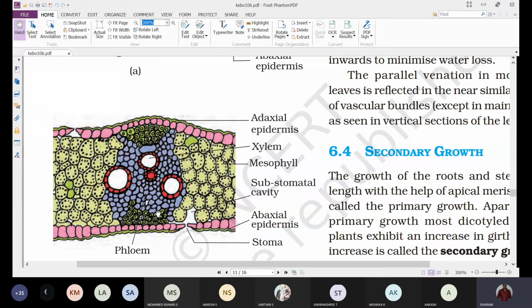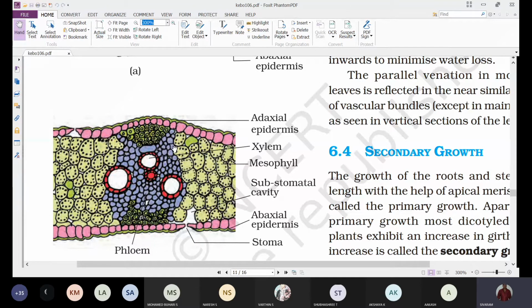That means the stomata are usually present equally distributed on both surfaces, adaxial surface and abaxial surface. Next, the mesophyll tissue is undifferentiated. We don't find palisade and spongy parenchyma. The parenchyma cells are usually round or oval in shape and extend from the upper epidermis to the lower epidermis in equal size.